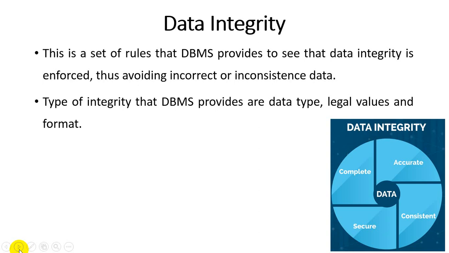That's why a DBMS provides data types, legal values and formats. What is a data type? If we say that a mobile or contact number has a numeric data type, then no one can enter textual information in that field, so we can filter out some of the information. What is a legal value?